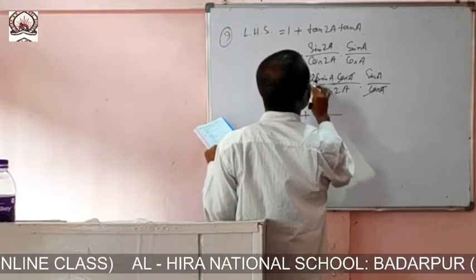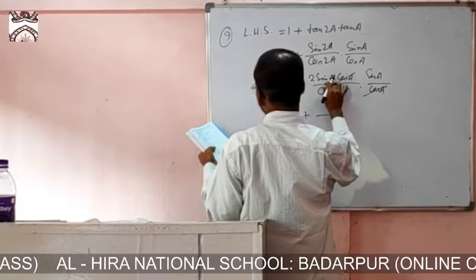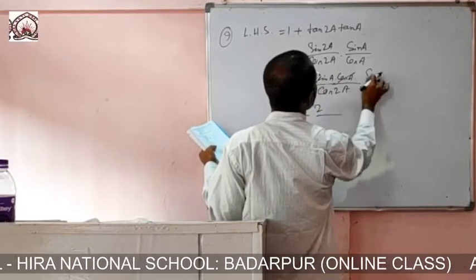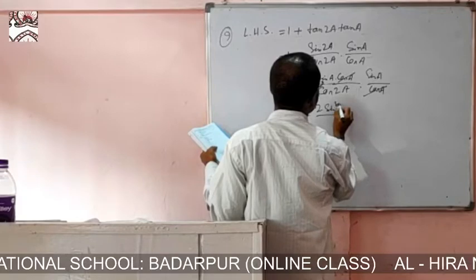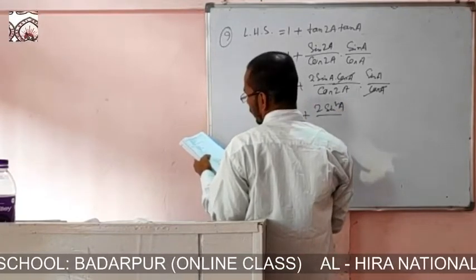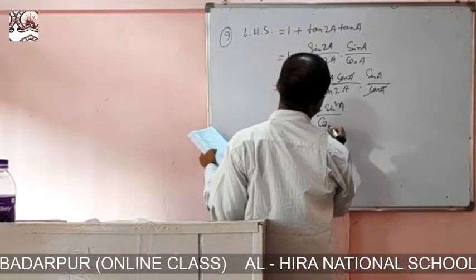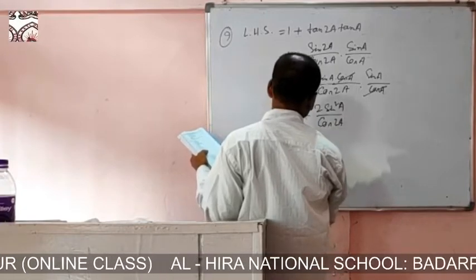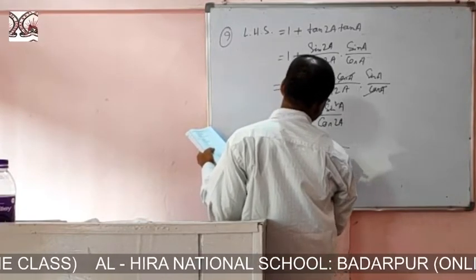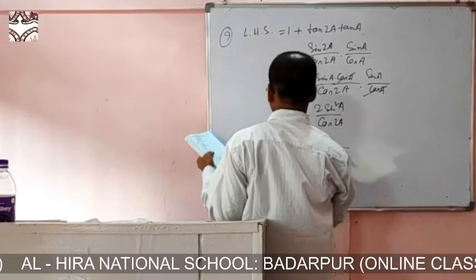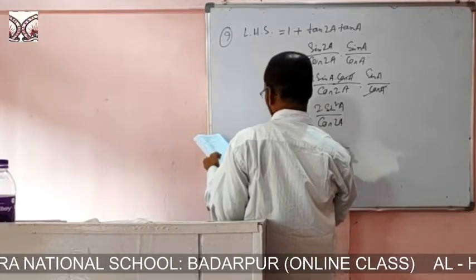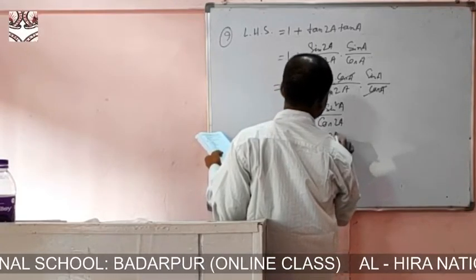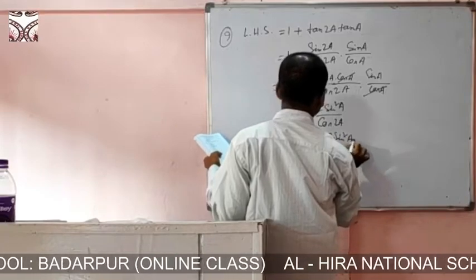1 plus twice sin a into sin a, that means sin square a, and below is cos 2a. Now taking LCM, here will be cos 2a, and this will be cos 2a plus twice sin square a.